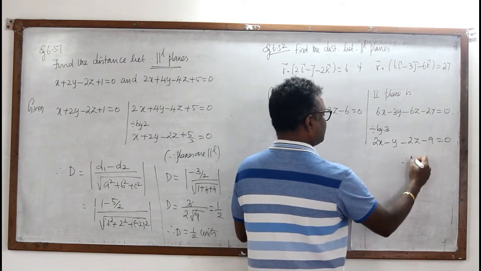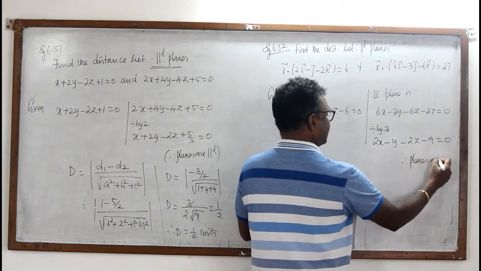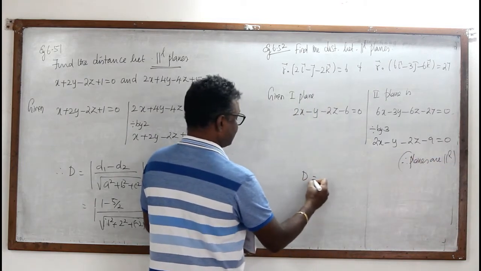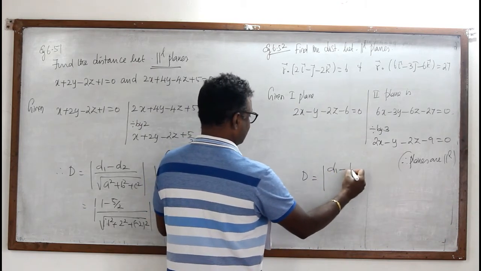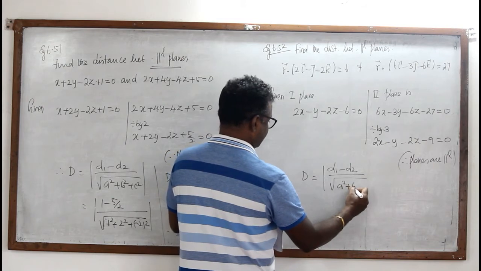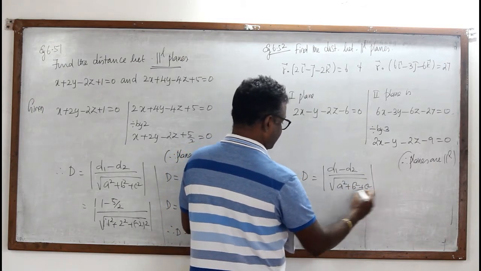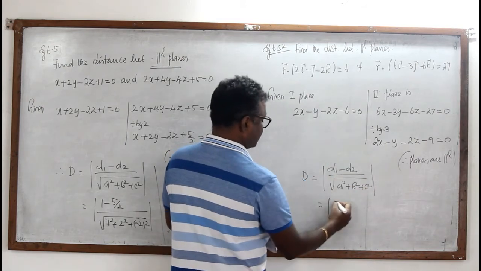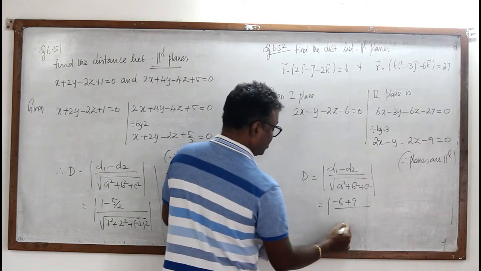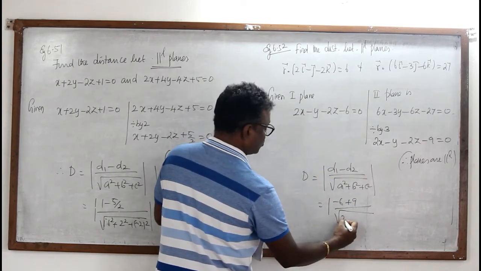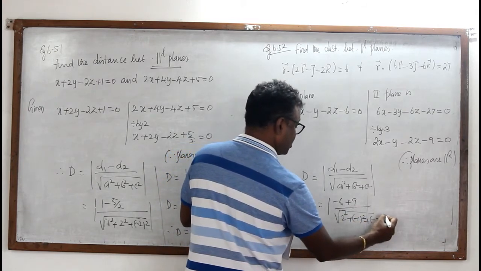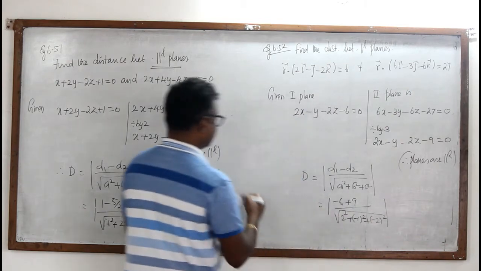Therefore, the planes are parallel. Now, distance is given by modulus of d1 minus d2 by root of a square plus b square plus c square. That is minus 6 minus (minus 9) becomes plus 3 by root of 2 square plus minus 1 the whole square plus minus 2 the whole square, then modulus.